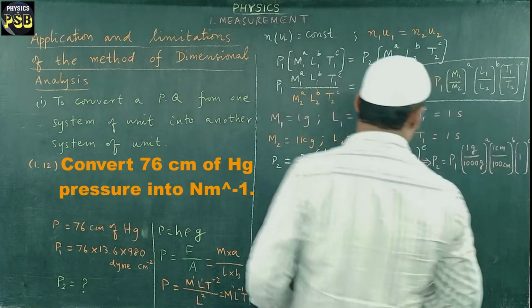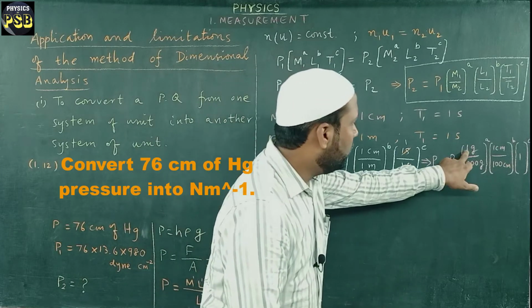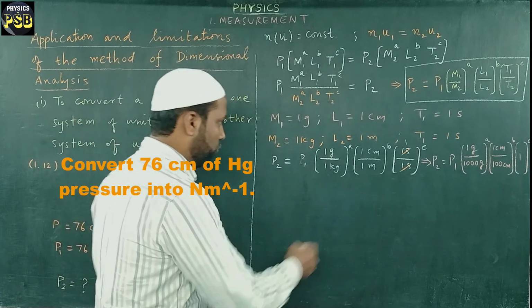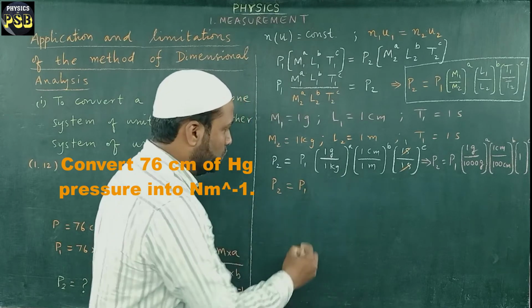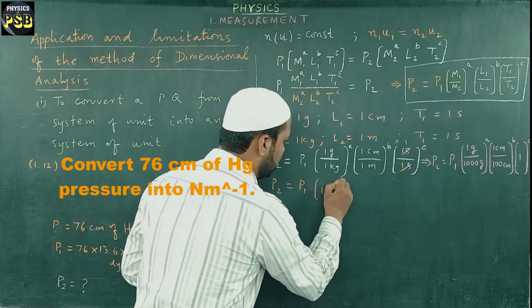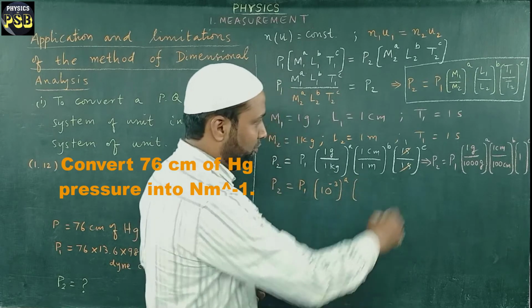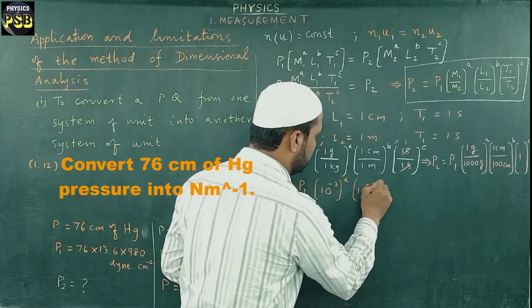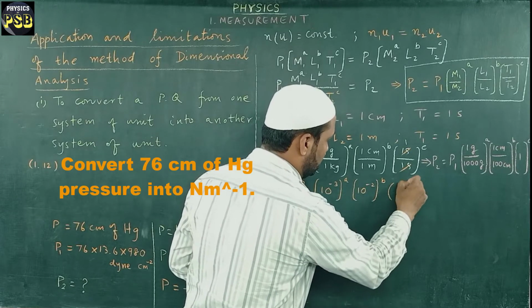Clear? Now, the next step: we know 1 divided by 1000 is written as 10 power minus 3. So P2 is equal to P1 into 1 by 1000, written as 10 power minus 3, power A, multiplied with 1 by 100, which is 10 power minus 2, power B. Then the remaining term is written as this.